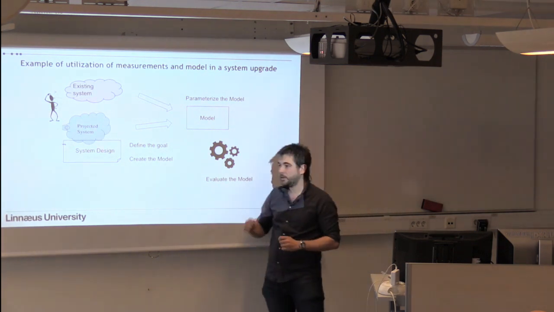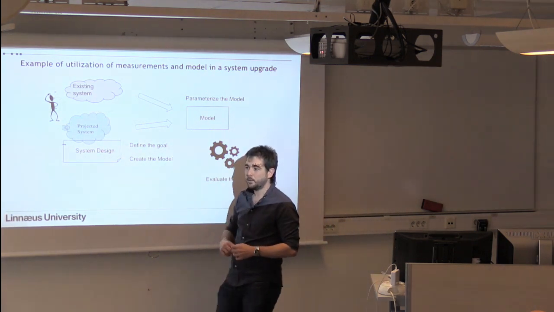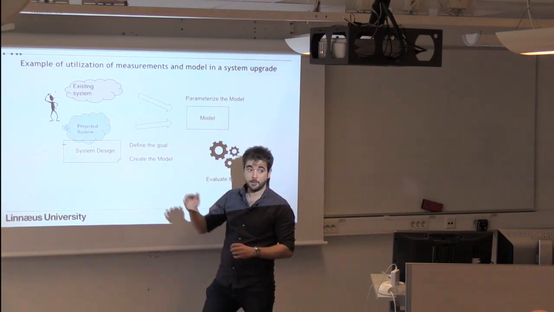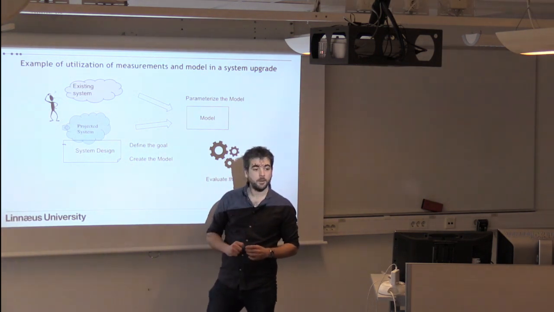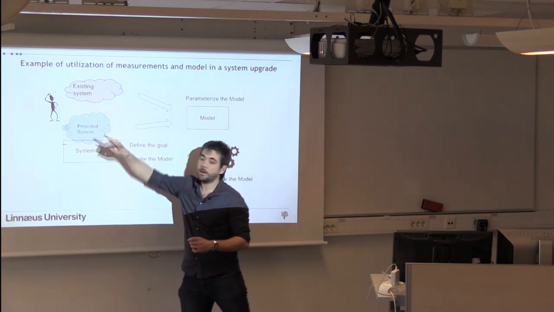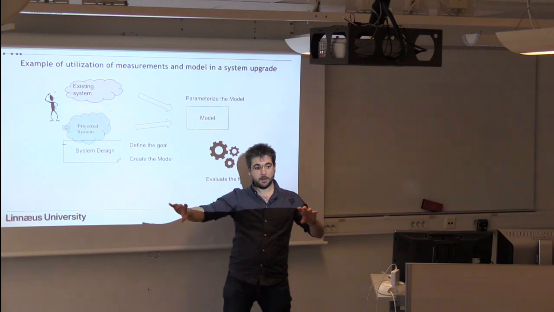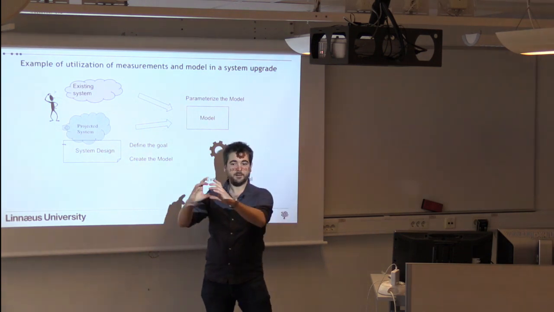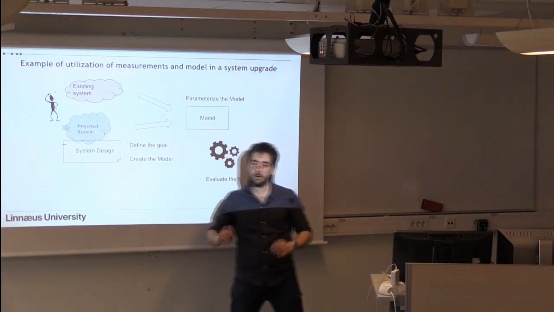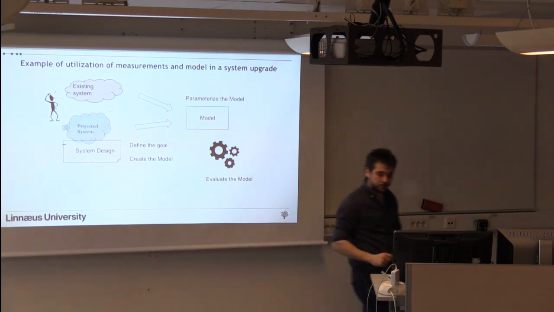So if we see that the system now has a response time of 0.5 seconds, our limit is 0.75 seconds, and we have to add something else, we can create a model of what is working now, and so we can see what else we can afford, how fast we have to do the other part.